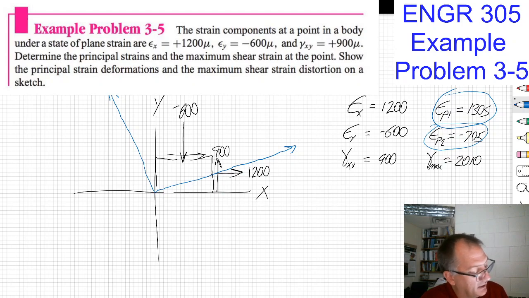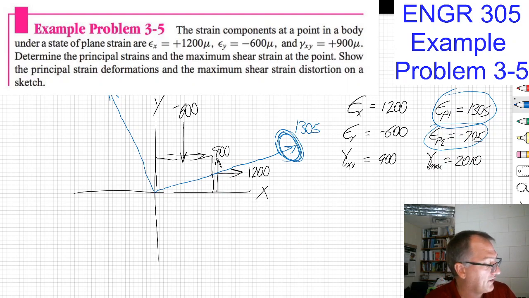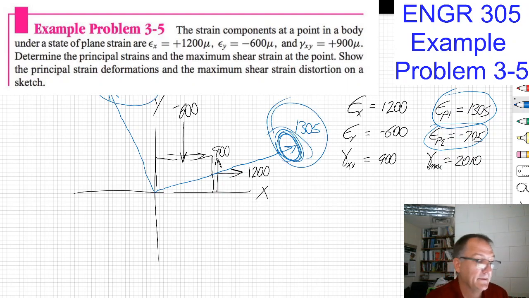Do you think this axis, you can't see that, sorry. Do you think this axis is the 1300 or the negative 700? It's too close to 1200. This is the 1305 axis, and this is the negative 705 axis. Oh, right there. All right.